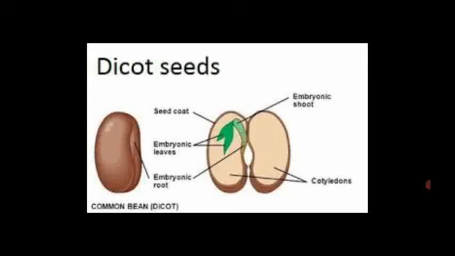The green colored portion afterwards develops into a new seedling. These seedlings take food material from the two cotyledons. The cotyledons give food material to the growing embryonic shoot, root and leaves. So this is another type of dicot seed.